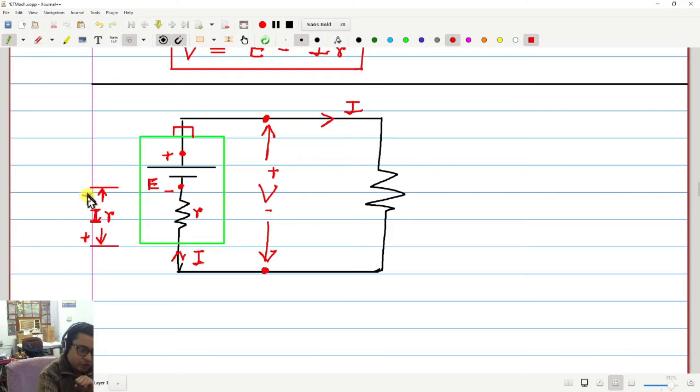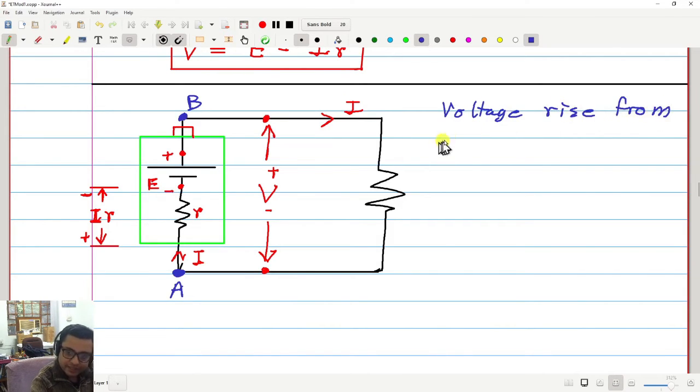Now let me start from this point. Let me call it A. Let me call it B. And consider the voltage rise from A to B. How much is the voltage rise from here to here?